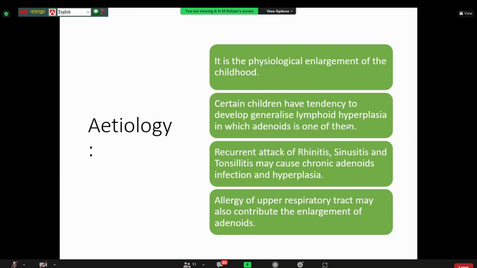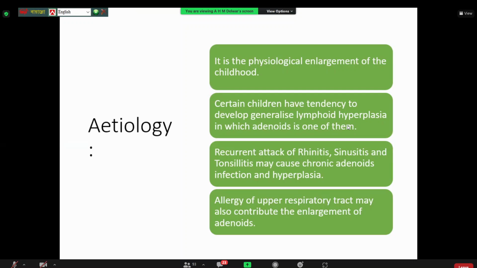Allergy of the upper respiratory tract may also contribute to enlargement of the adenoids. Allergy is the most important factor. Allergy includes cold allergy and dust allergy. It is common in our country. And the children always like ice cream and other things.